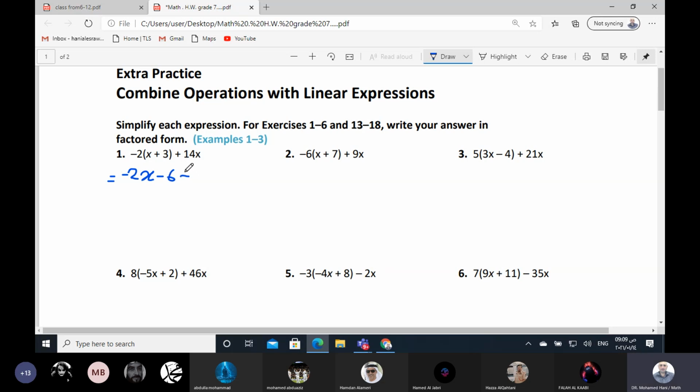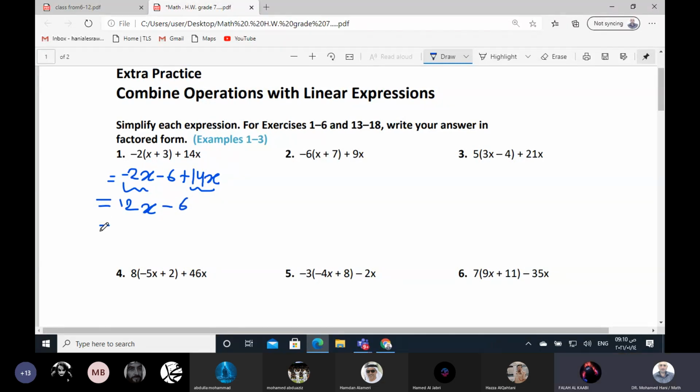Then here we have plus 14x. Then add the like terms. Here we have like terms. So minus 2 plus 14 will be 12x minus 6.